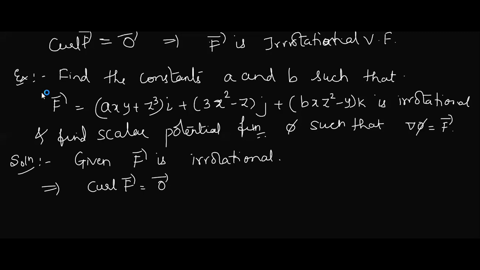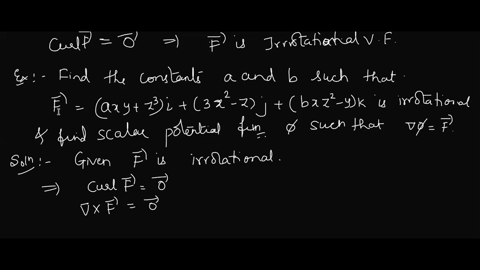What is curl F? Curl F means del cross F, which is equal to 0 vector. This condition is already true because there are two things. If the given vector field is irrotational, you have to show that curl F is 0.